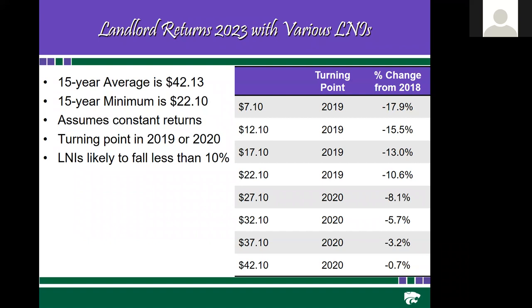And so if I remain at low profitability, I would end up seeing a greater decrease over the next 5 years with regards to that. And so once I get past that turning point, I would begin to see a lessening of the LNIs and a lessening of the appraised value, assuming everything else in the formula is not adjusted by the Kansas legislature.